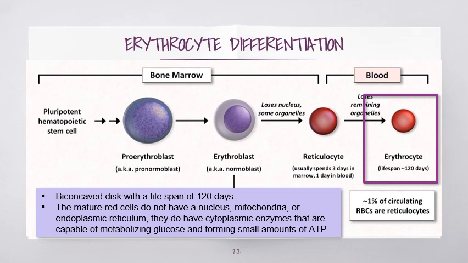RBC is very amazing because it does not have the organelles that are usually seen in other nucleated cells. But it is still capable of metabolizing glucose, and it can form varying amounts of ATP or energy. That small little thing actually has a lot of things going on inside.